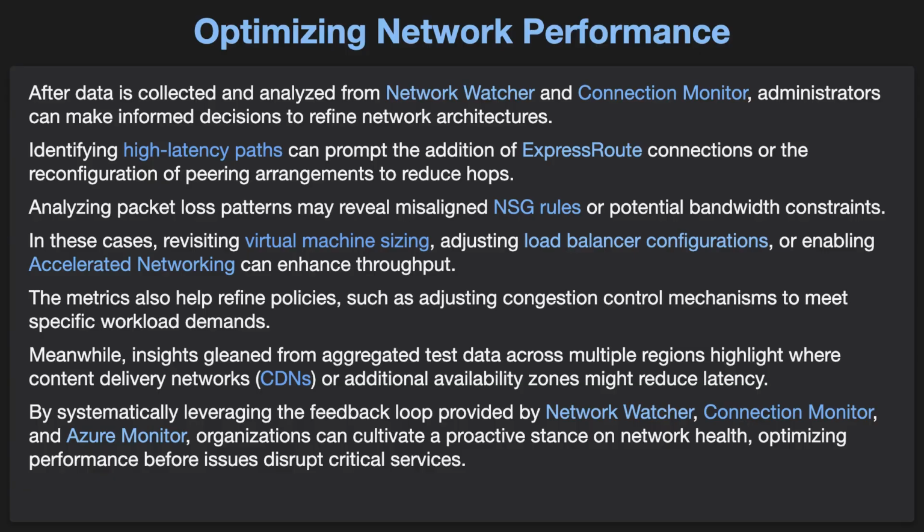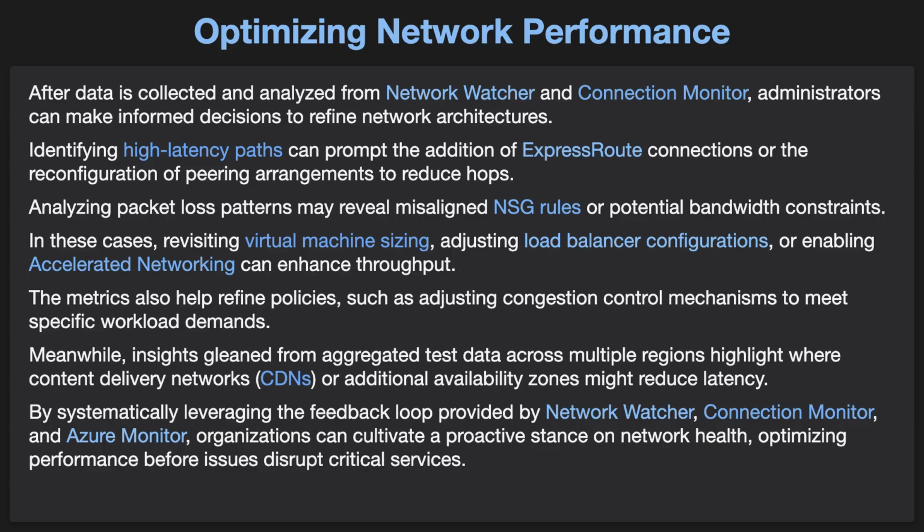After data is collected and analyzed from Network Watcher and Connection Monitor, administrators can make informed decisions to refine network architectures. Identifying high-latency paths can prompt the addition of ExpressRoute connections or the reconfiguration of peering arrangements to reduce hops.